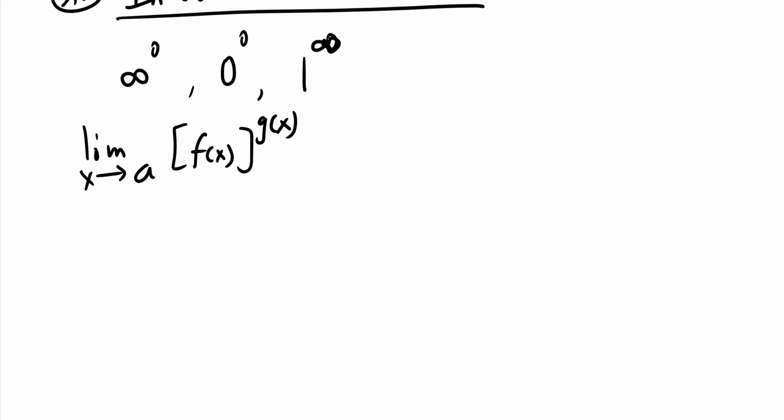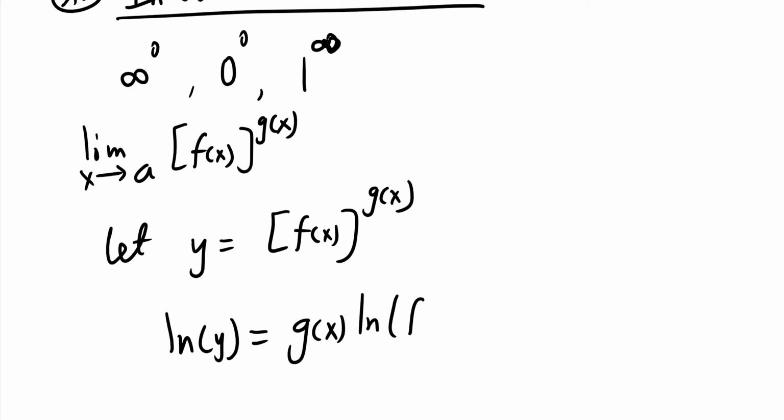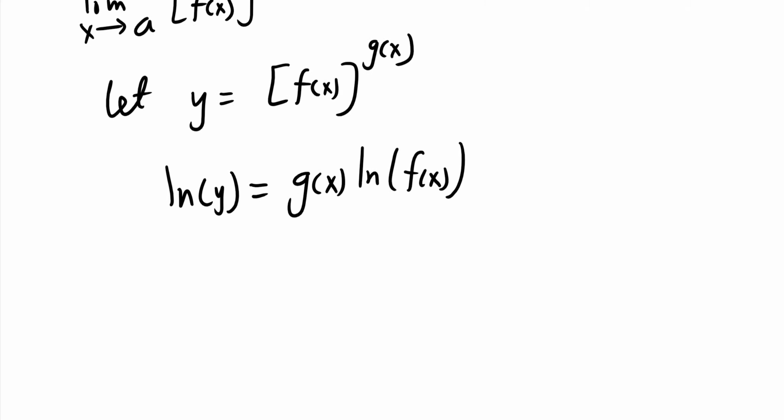To simplify that, we let y equal this function, f of x to the g of x. The reason is that we can take ln on both sides, and that's the easiest way to bring that function down. So that's how we start.